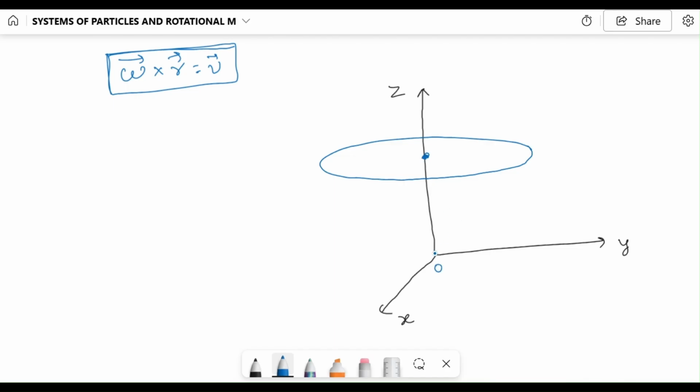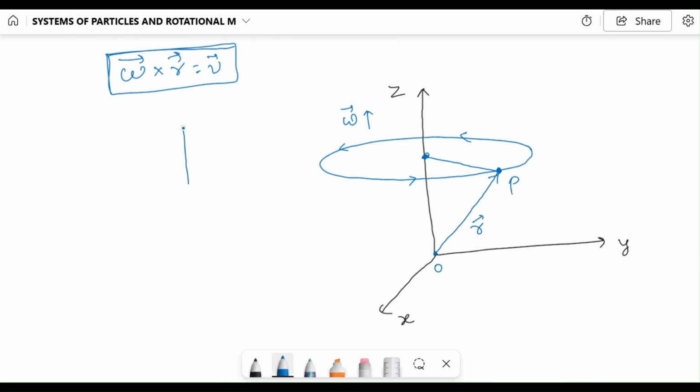So if the particle is at this point P, this is the position vector r, and this is omega, and the particle is moving on this circular path. Suppose this position vector makes an angle theta with the omega vector.